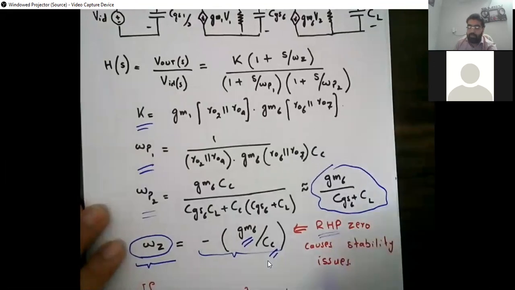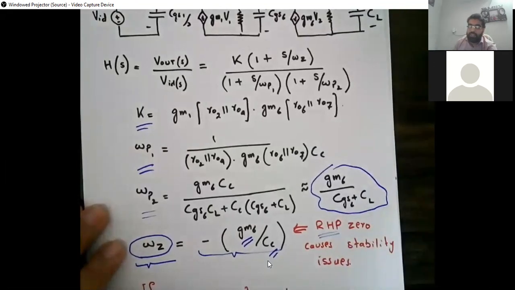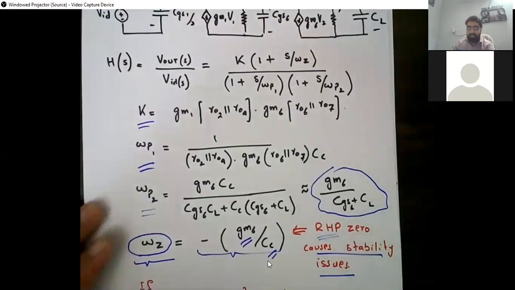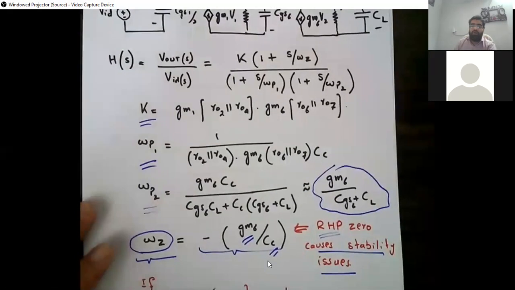A right hand plane zero will act in magnitude the same as a normal zero or a left hand zero, but in terms of phase, it will act the same as a pole. So it will act the same as a left hand pole, and because of this it will cause stability issues, meaning a right hand zero will have the same phase of minus 90 degrees as our left hand pole.